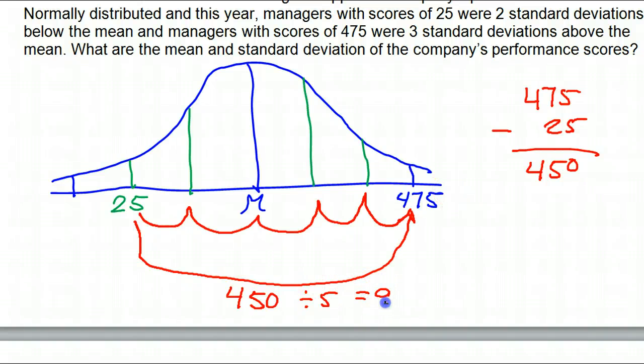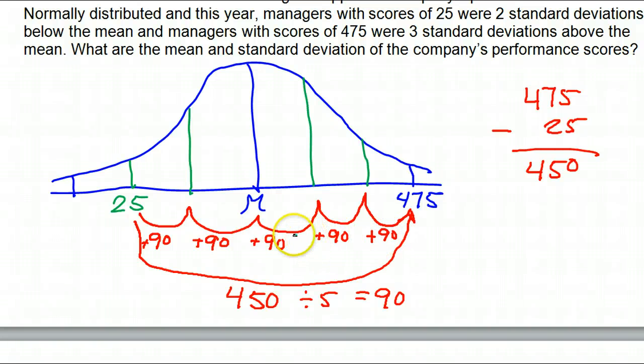So if I take this entire 450 and divide it into 5 jumps, that is a jump of 90. So it's like 90 plus 90 plus 90 plus 90 plus 90. That gets you up to 475. Now, these jumps are what the standard deviation is.